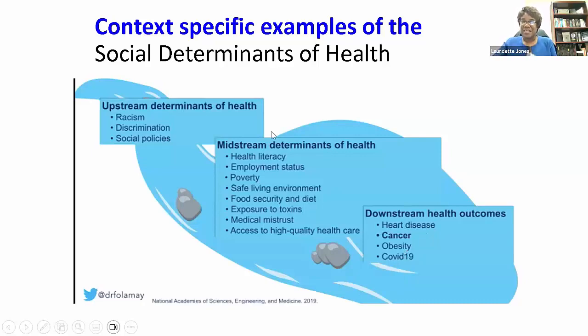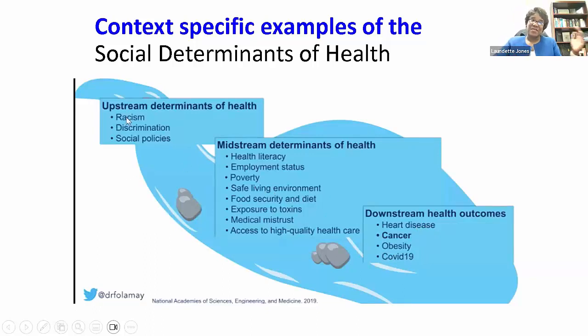But then there are these midstream determinants of health, of perhaps who were more likely to be susceptible to COVID-19 in the first place, or even cancer, and who's more susceptible to heart disease. And we're finding that things such as living environments and employment status and health literacy and exposure to toxins also play a role in many of the downstream health outcomes that we're seeing.